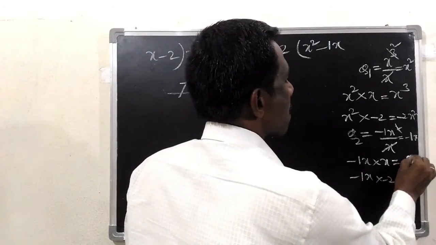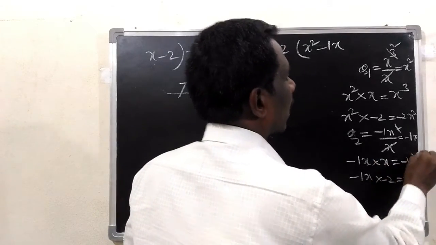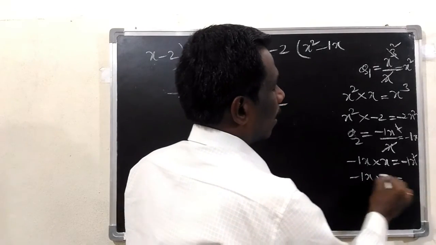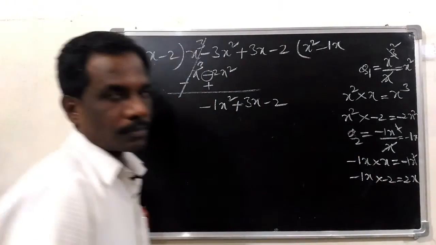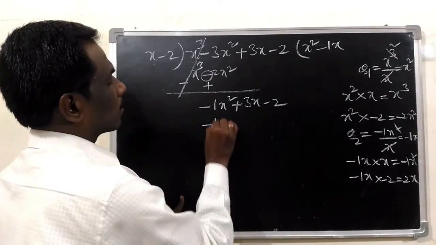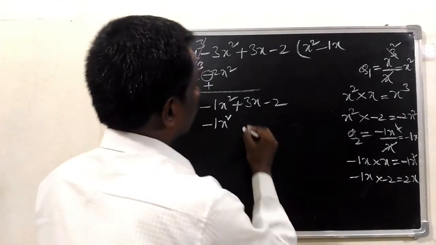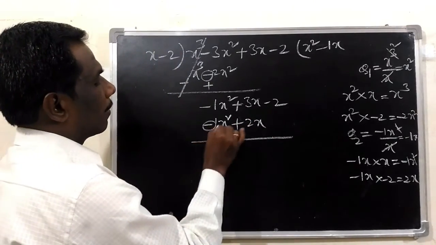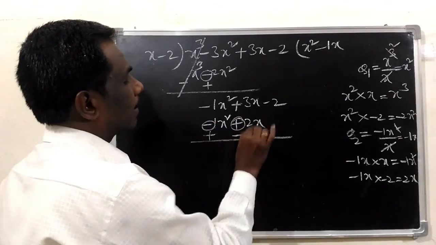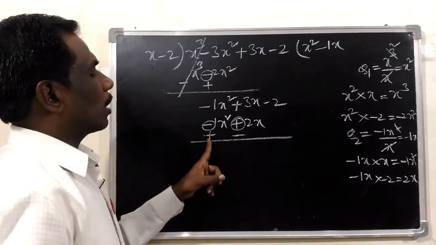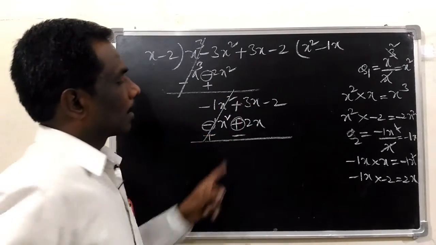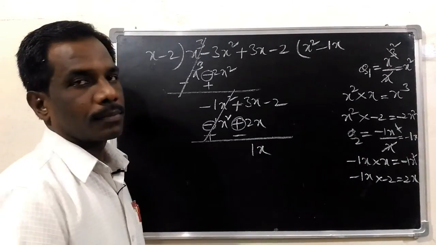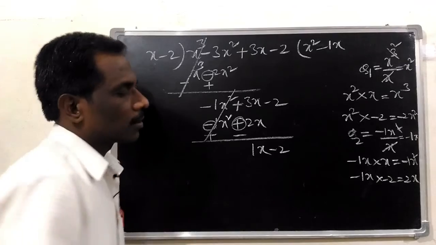Minus 1 into x is minus 1x square, and minus into minus is plus, 1 twos are 2x. The first one is minus 1x square and the second one is plus 2x. Now change the symbols: minus becomes plus, plus becomes minus. Minus 1x square plus 1x square gets cancelled. Plus 3x minus 2x is plus 1x. And copy this minus 2 as it is.